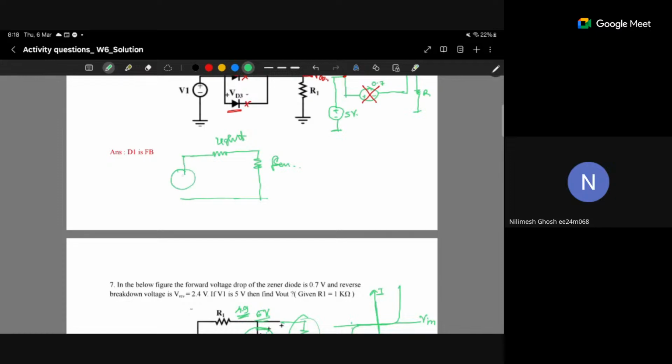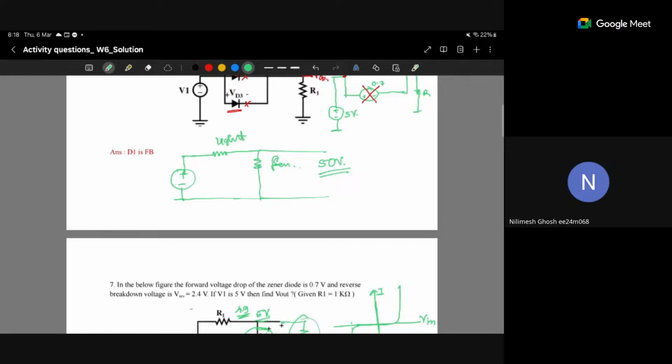Now this is your supply. The rating given by the fan manufacturing company is, let's say, 50 volt. He clearly mentioned in the data sheet that if you use more than 50 volt, this fan can be damaged and you will not get warranty or guarantee.